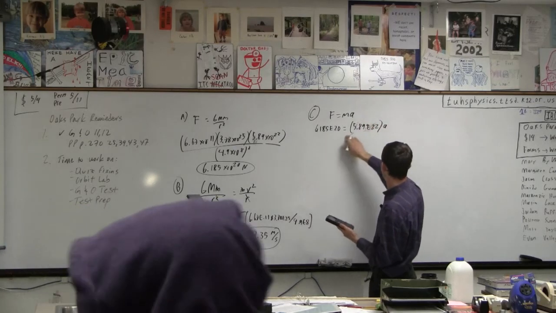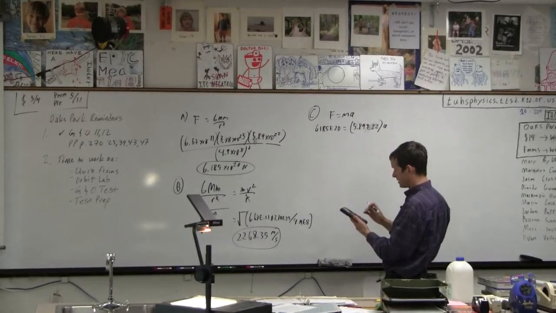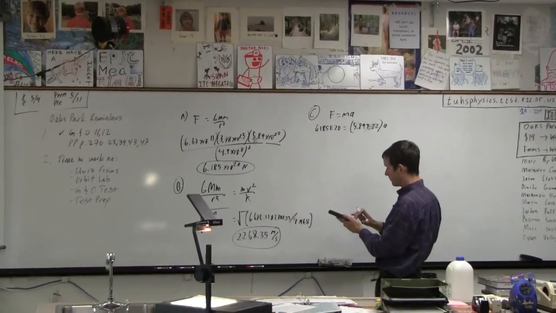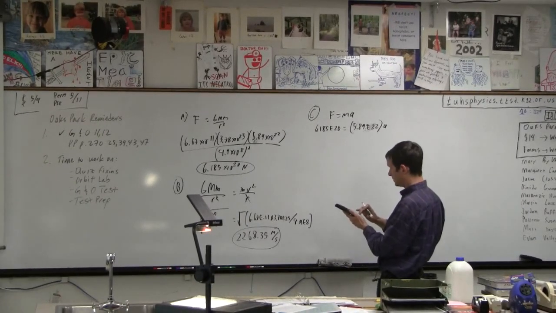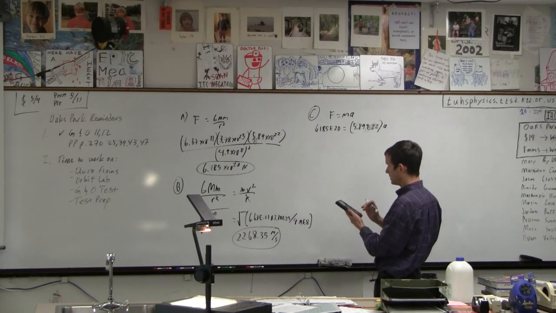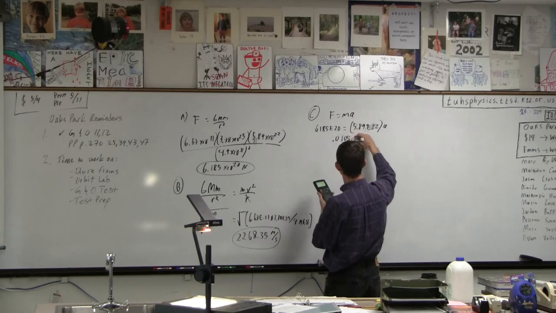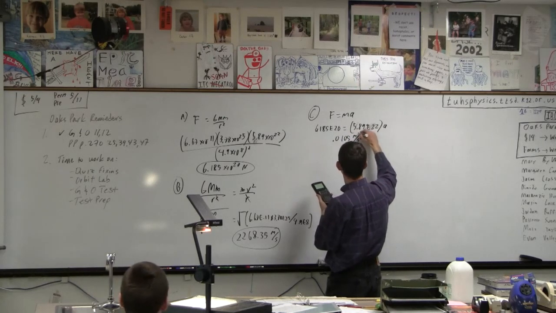So I can just say this guy equals this guy times this guy. So A divided by 5.89 E22. And I get that it's 0.0105 meters per second squared.